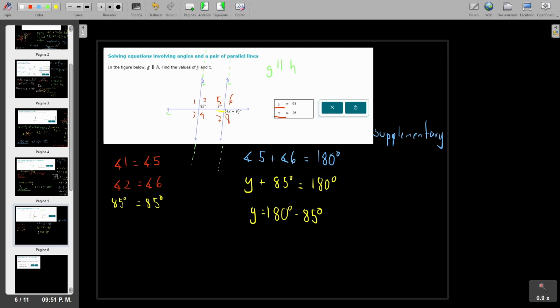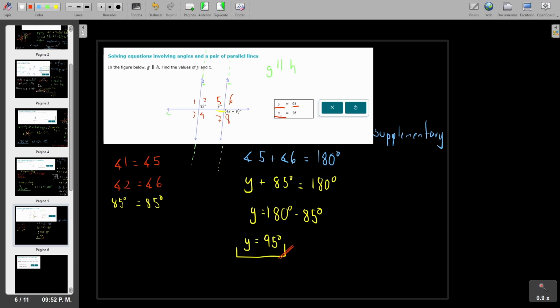It's going to be 95. So I put it again here: y equals 95. As we can see, it is already answered here. Y equals 95. Why? Because of this.